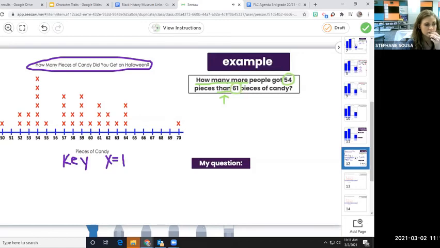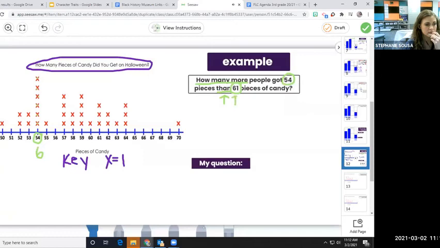So let's find 54. Here it is. I'm going to count up the total of pieces of candy. Let's see how many people got that. 1, 2, 3, 4, 5, 6 people. 6 people got 54 pieces of candy on Halloween.